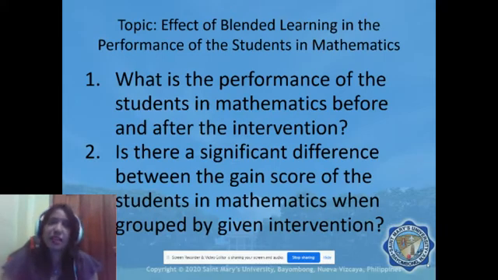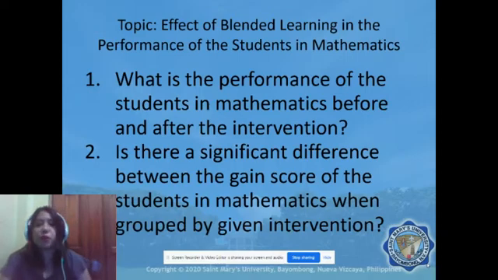If I consider only the post-test, it might be that the student already got a high score in the pre-test, or the student got a lower score in the pre-test than the score in the post-test. So instead of considering the difference in the pre-test and the difference in the post-test, what we need to consider here is the gain score.